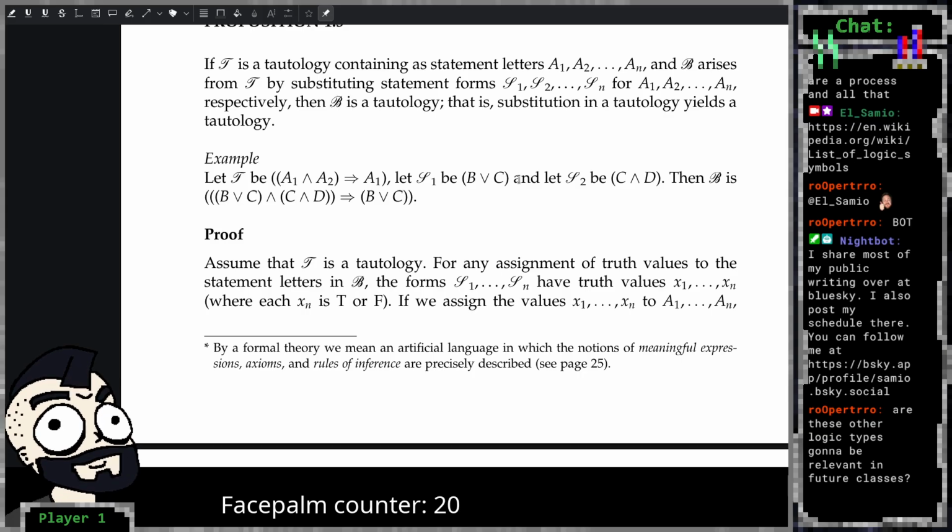Are these other logic types going to be relevant in future classes? I don't know. I don't know if I will teach non-classical logics, but I think it's always useful to warn students so they don't jump to conclusions.